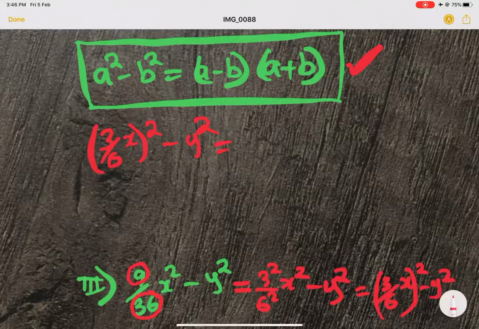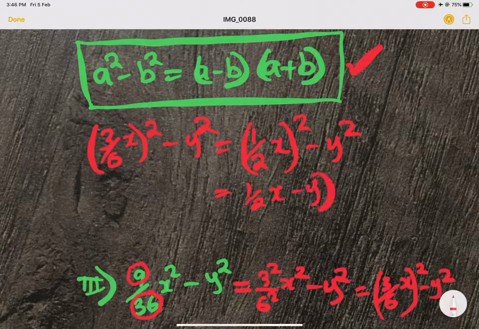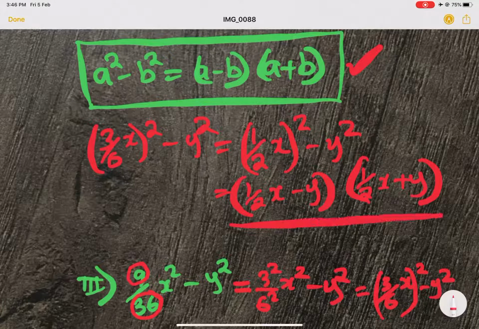Actually, we can even reduce 3 over 6. Okay, there's a common factor here. 3 can go into 3, 3 can also go into 6. So 3 into 3, that's 1. Over 3 into 6, that's 2. Okay, squared minus y squared. Now using difference of two squares, this is the same as half x minus y and half x plus y. So you have that as your answer.